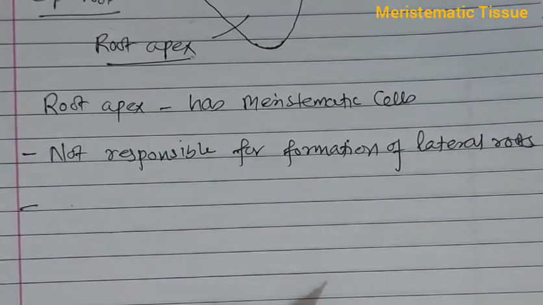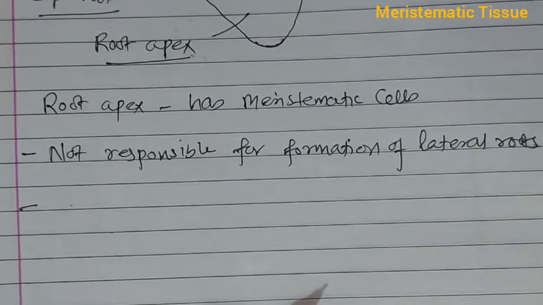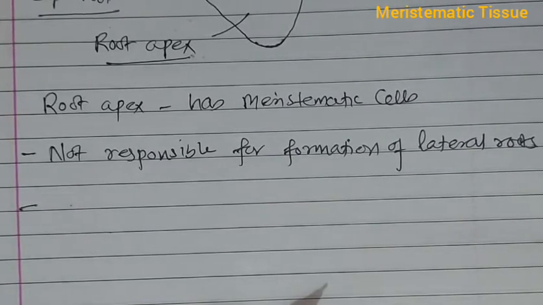Now when we talk about the root cap, it is present due to which the root meristem becomes subterminal in position and the apical meristem gets protected.